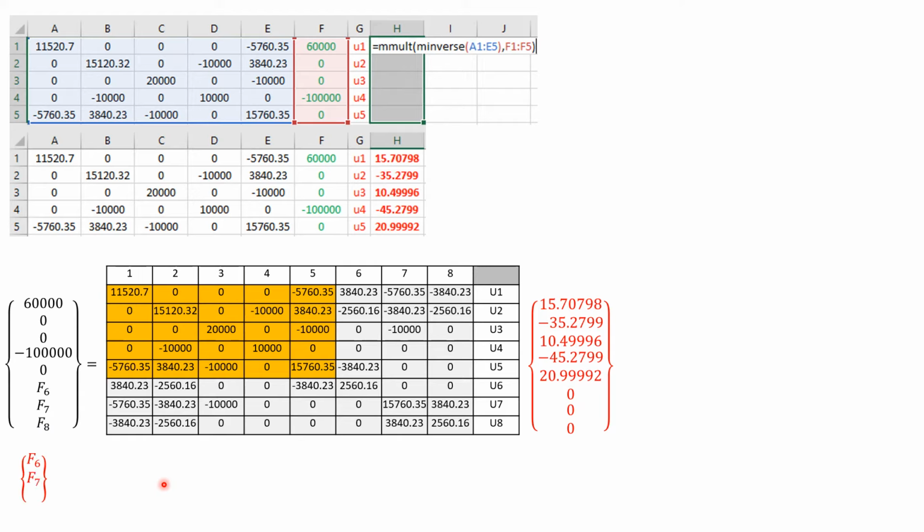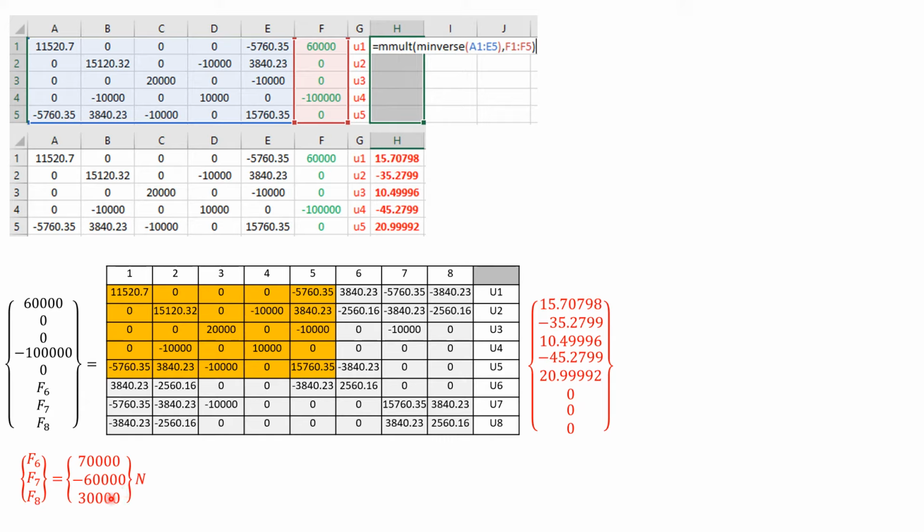So for F6, we have 70,000 newtons. Then for F7, negative 5760.35 times 15.70798 plus negative 3840.23 times negative 35.2799 plus negative 10,000 times 10.49996, then 0, 0, 0, and the rest will also be 0.